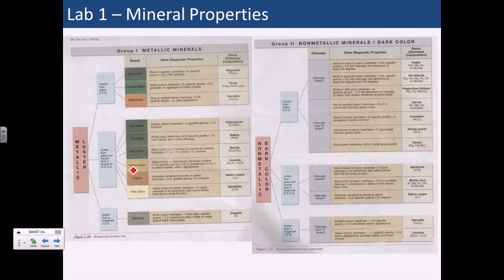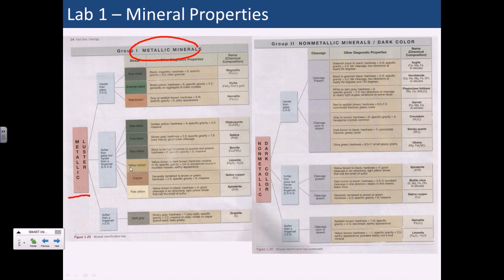So I have something that's slightly different than your actual lab book, probably, depending on the class that you're taking from me. And you'll notice that at the top of the table on the left-hand side, we have metallic minerals. So for group 1, we're using luster to break out the minerals into groups.